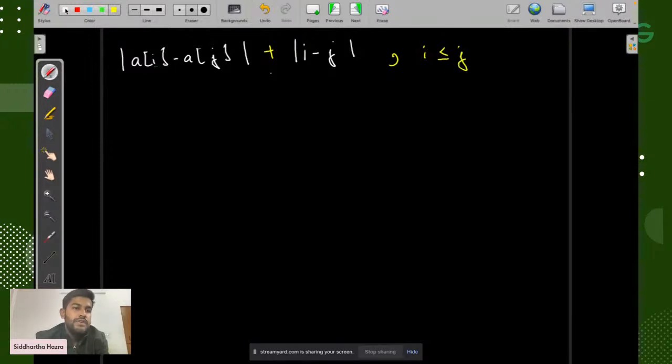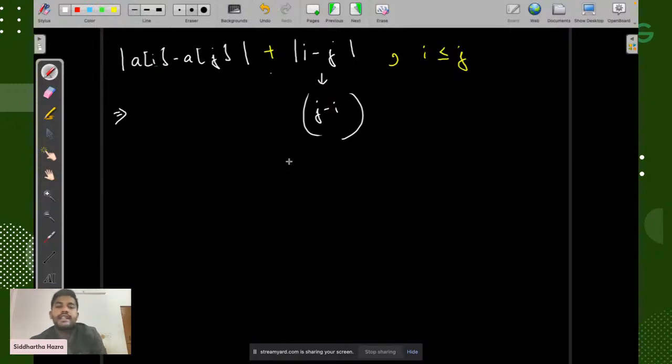Now we move forward and try to simplify it. The very first thing you need to understand is, if i is less than j, then the absolute value of this would be nothing but j minus i, and you can write it directly.